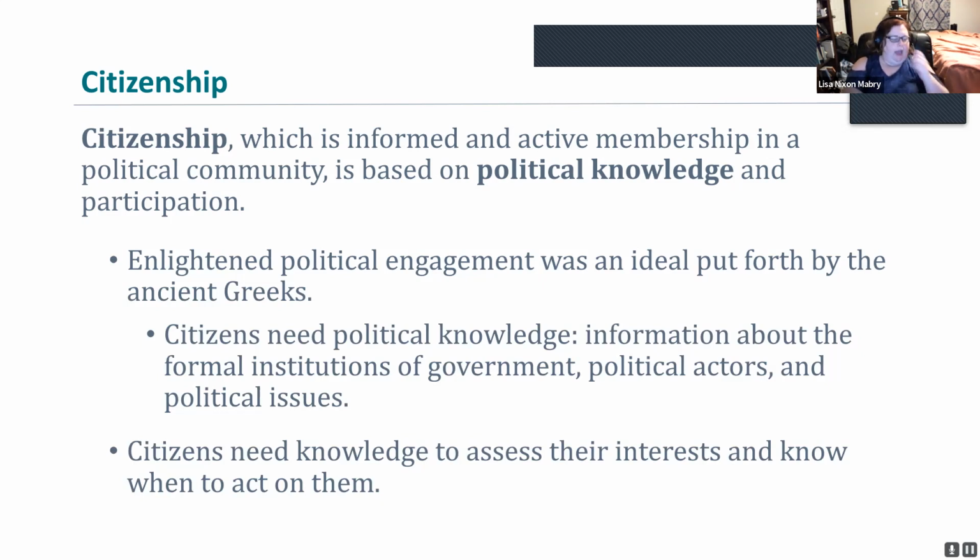I actually have a family friend who, bless her heart, when she was first starting to get involved in voting, said that she would just ask her mom how her mom was voting, and then she would vote the exact same way.